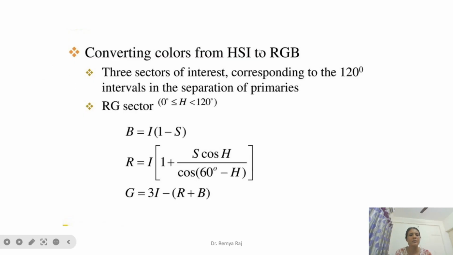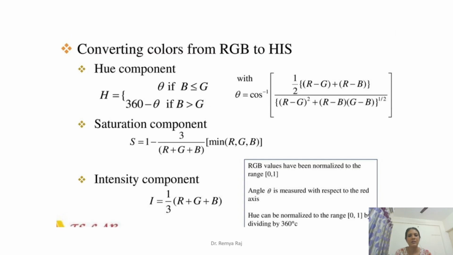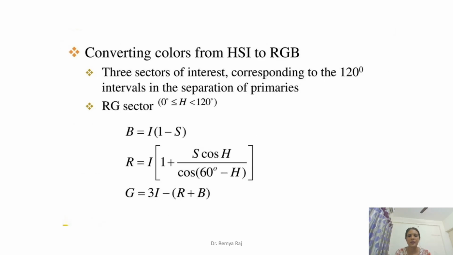This is the conversion from HSI to RGB. The red color we can get from I times (1 plus S cos H divided by cos (60 degrees minus H)), and G is equal to 3I minus (R plus B). So this is for the RG sector.